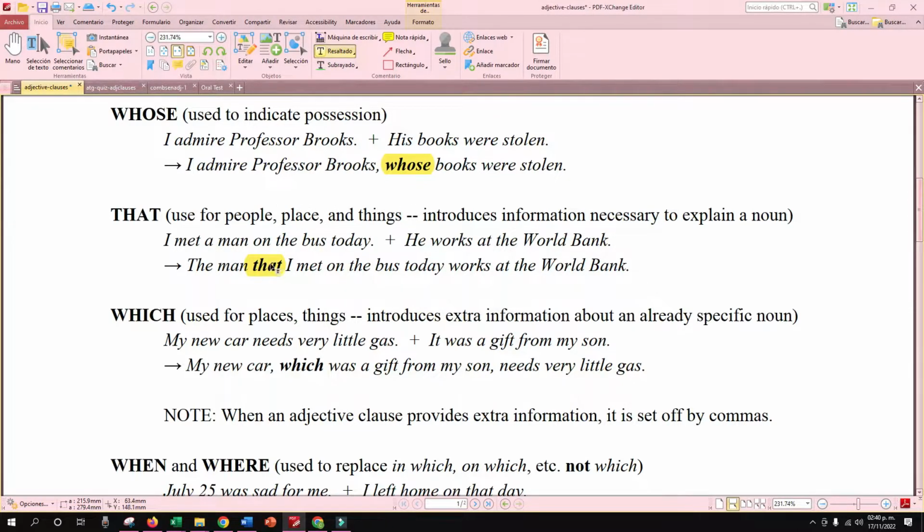So the man that I met on the bus today works at the World Bank. If you don't add this, the man works at the World Bank, that is a complete meaning, right? But you are adding an adjective clause to add extra information about the man. So the man that I met on the bus today works at the World Bank, right?